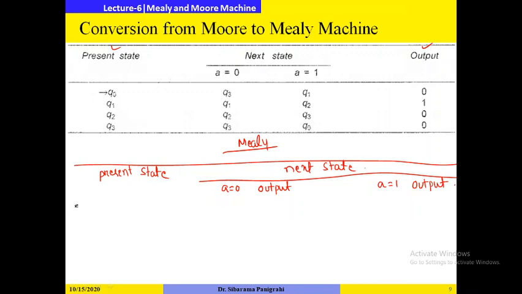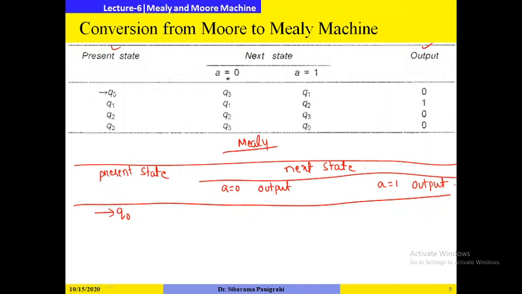Or here this is next state A equal to 0, next state A equal to 1, output. So present state, what was the present state? Initially I will take the initial state Q0, right? So Q0 will remain as the initial state.